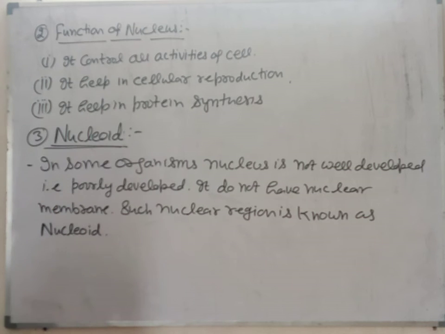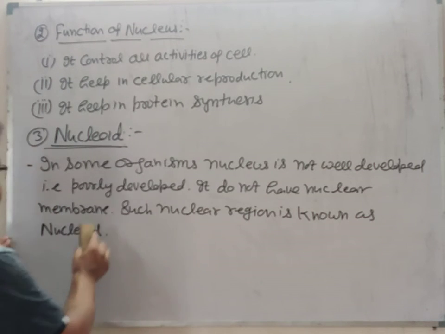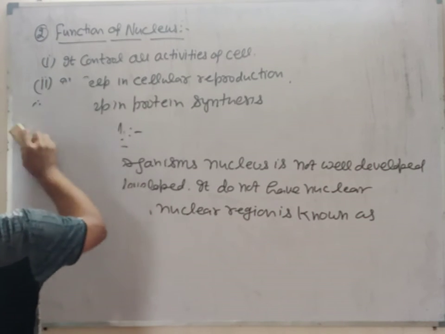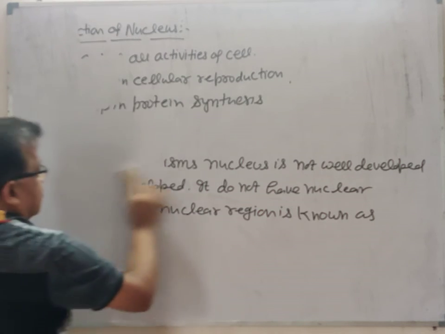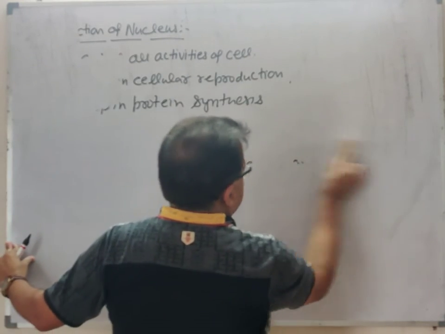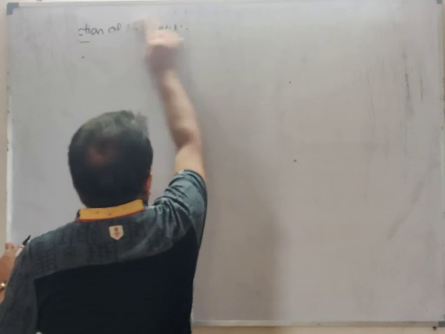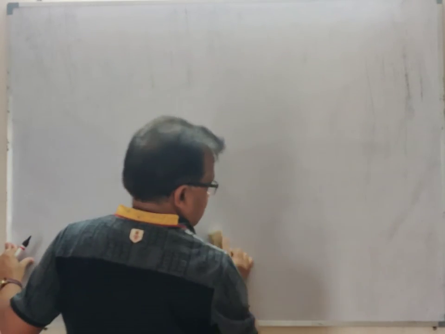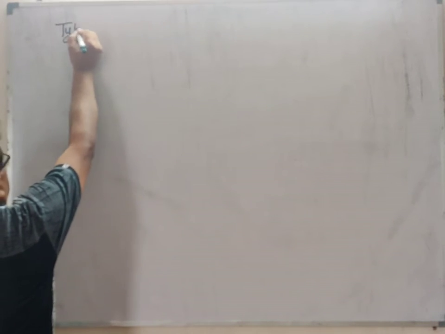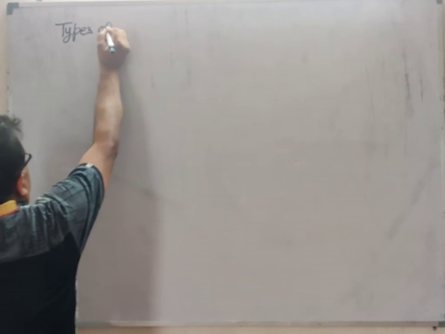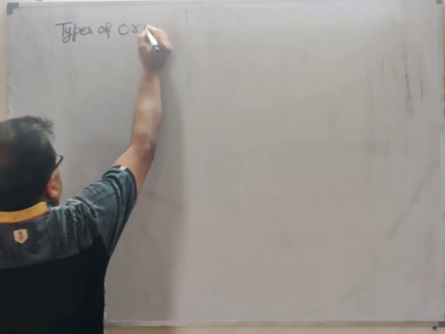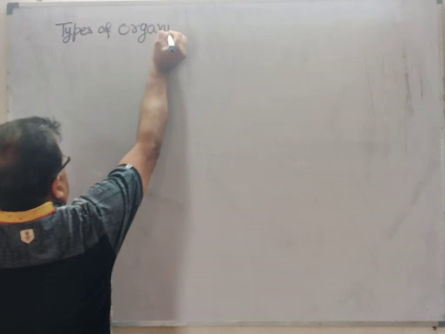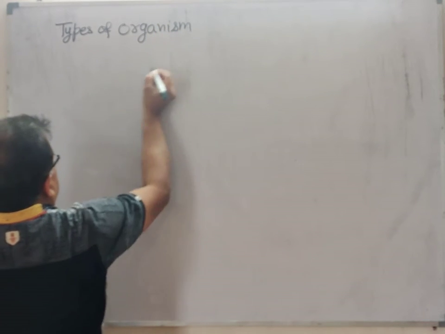Now we shall study types of organism. Next topic is types of organism on the basis of cell.